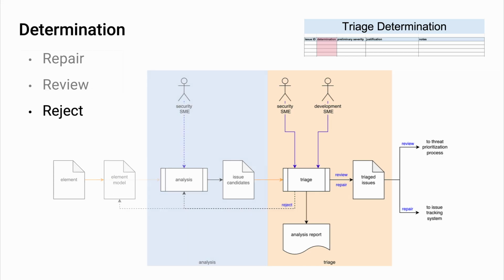In the case of implementation analysis, when we reject an issue, we're not making a statement about the element, but rather the tooling of the analysis itself. This is generally the result of a false positive coming from the tooling. We need to go back and either adjust the configuration of the tooling or any related tests that are being facilitated by the tooling.